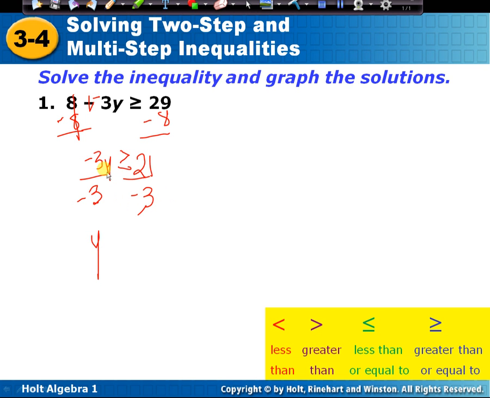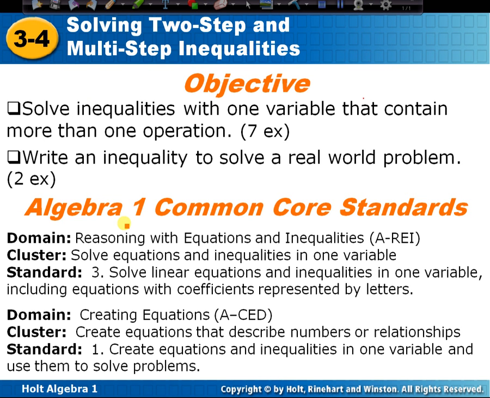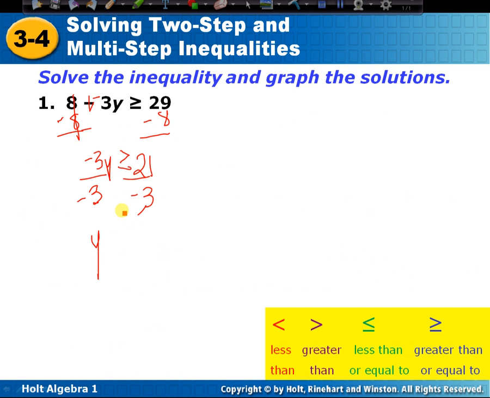Because I am dividing both of the sides of my inequality by a negative number, it actually flips the sign in the middle, because anytime I divide both sides of an inequality by a negative number, it's going to flip the sign, and it's going to become less than or equal to, and 21 divided by negative 3 is going to give me negative 7.